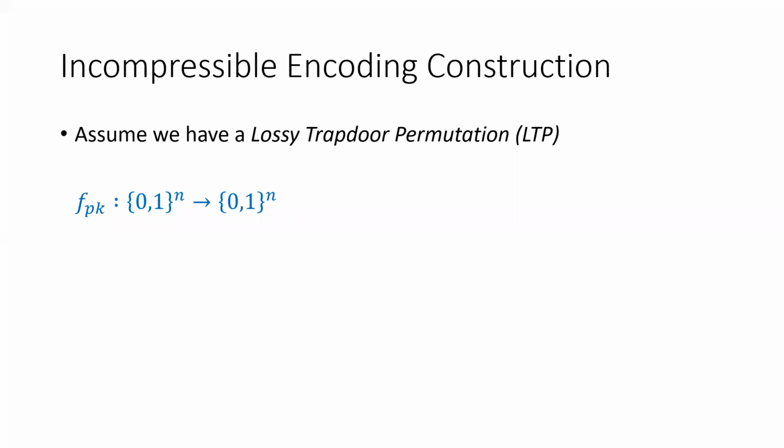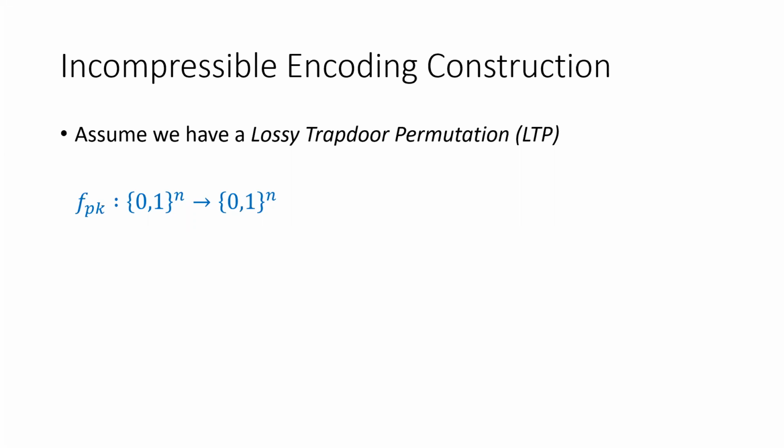Looking ahead, we don't actually have something as nice as the Lossy trapdoor permutations that we need for this construction. We have something that's similar, but not quite there. And we'll need to adapt the construction a little bit to handle this less nice primitive. But for simplicity, for now, let's just assume we have this really nice object called the Lossy trapdoor permutation. I'll tell you what that is.